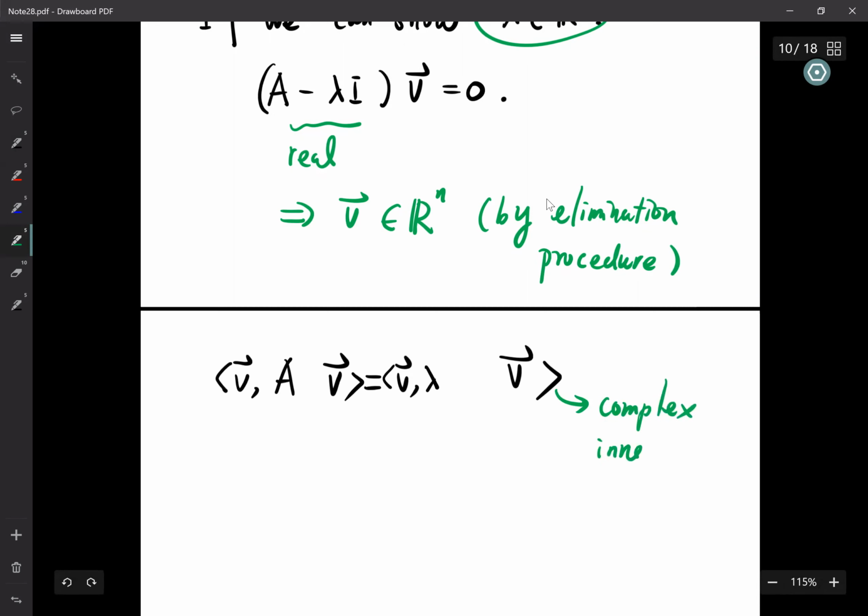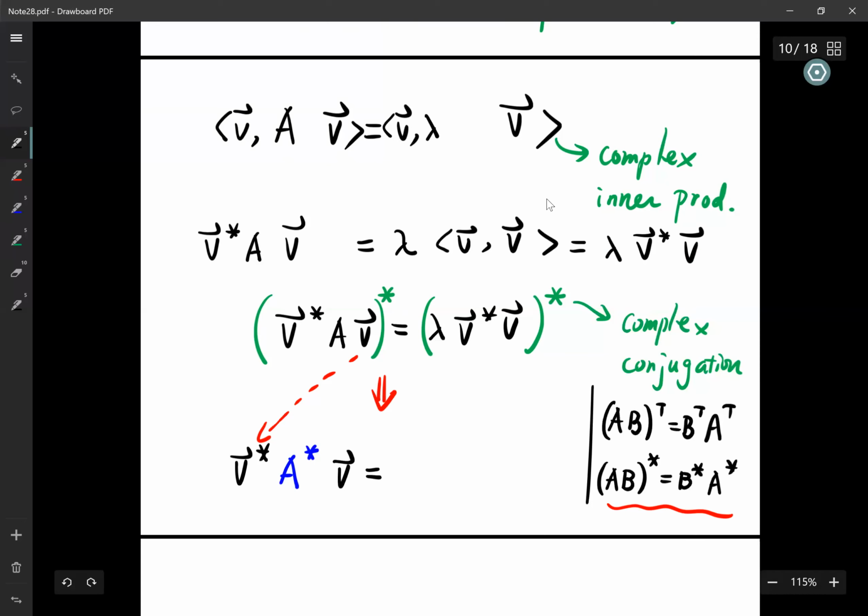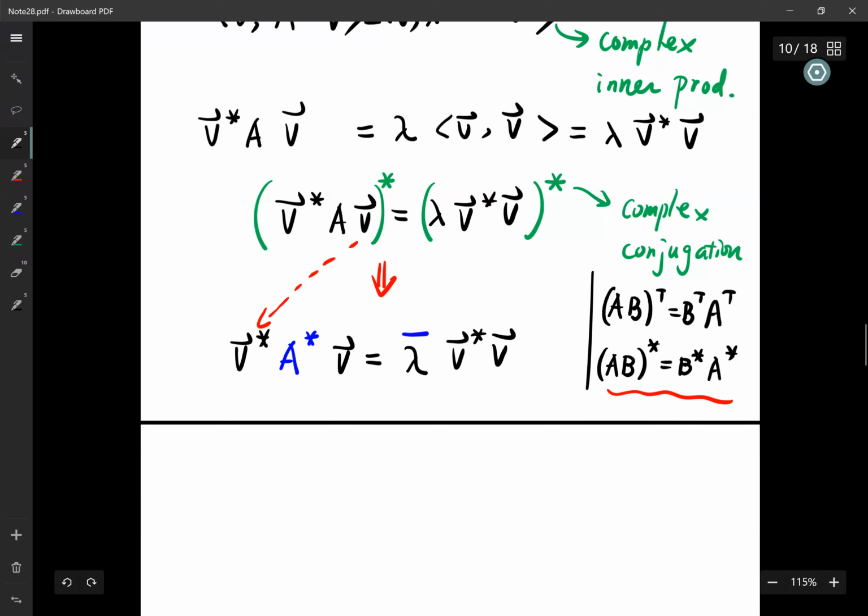Then I have an A star, and then I have a v, equal to lambda star, which is lambda bar because it's a number. And then I have, again, v star v. Question?